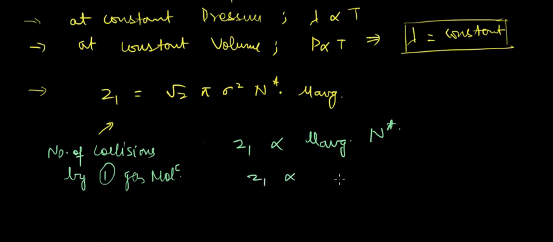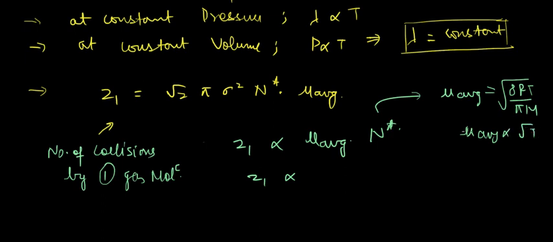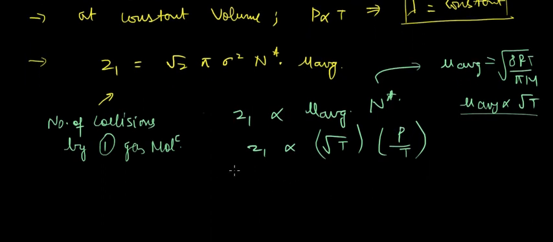U average, we saw, is root of 8RT upon pi m, so U average is proportional to root of T. Hence Z1 would be proportional to root of T, and n star is proportional to P by T, hence we can write that Z1 is proportional to P by root T.